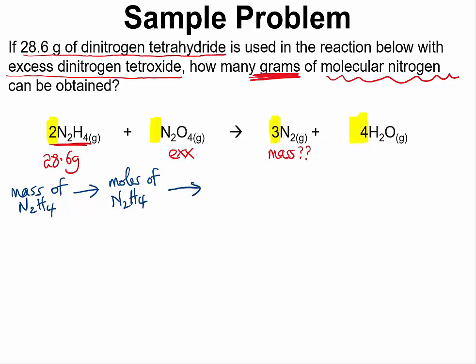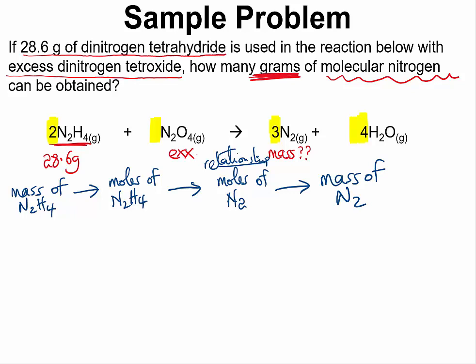And then we will use the relationship between what we know and what we want to find the moles of the nitrogen that we want to find based on relationship. And then we will convert the moles of nitrogen to the mass of nitrogen. Let us now do it one step at a time.